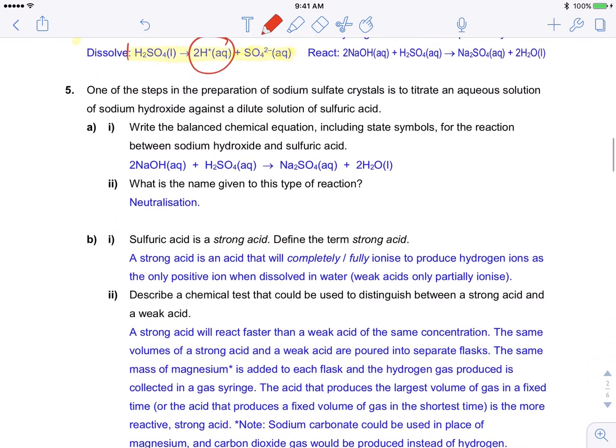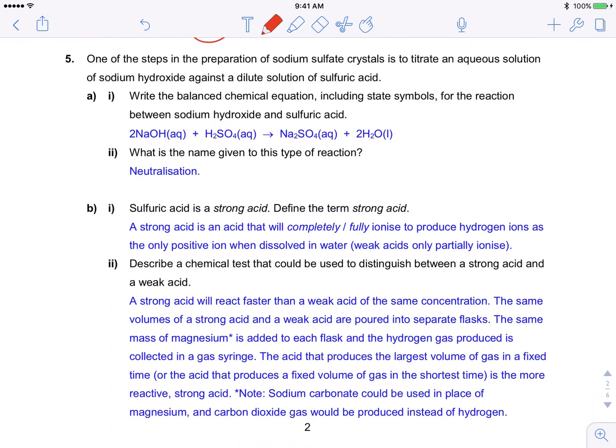Question 5. What are the steps in the preparation of the salt? It is to titrate. You may not know this word. It is when we add an acidic solution to an alkaline solution and look for the point of neutralization. You will be doing this kind of experiment next year in Sec 3, but you don't need to be concerned.